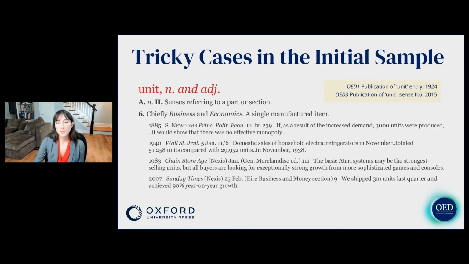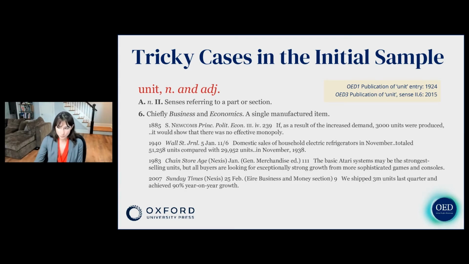So this is a particularly tricky case, where you can see this sense from the raw data, and you can see that the earliest quotation is from 1885, where the OED1 publication was in 1924 of the entry that at that point did not contain this sense 6. But this sense itself was published in 2015.